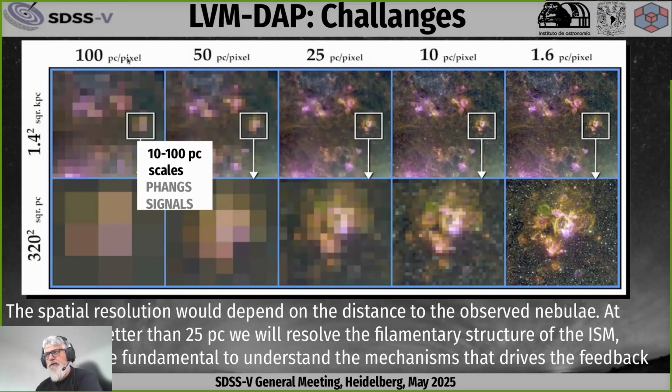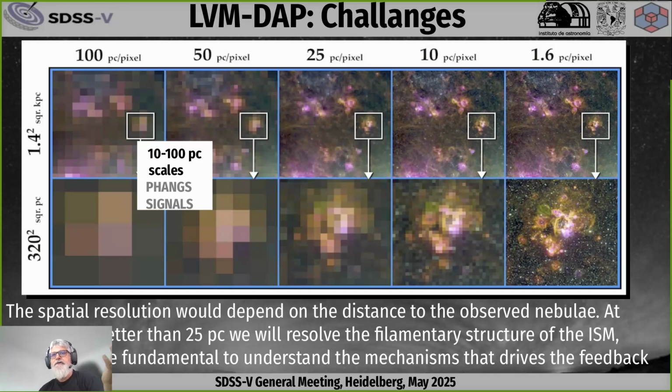One of the challenges of this tool is that the physical spatial resolution of the Local Volume Mapper data is not fixed, since we are inside the main target that we are observing, the Milky Way.